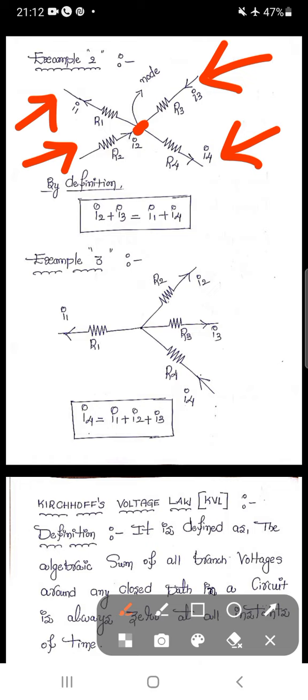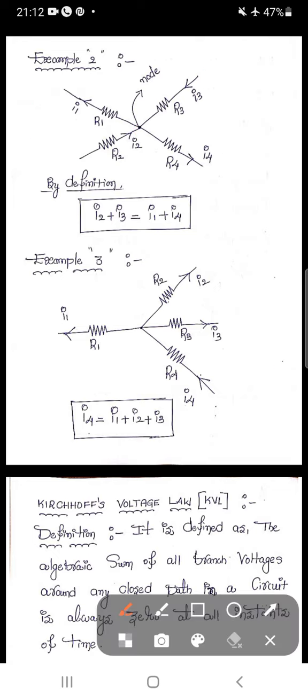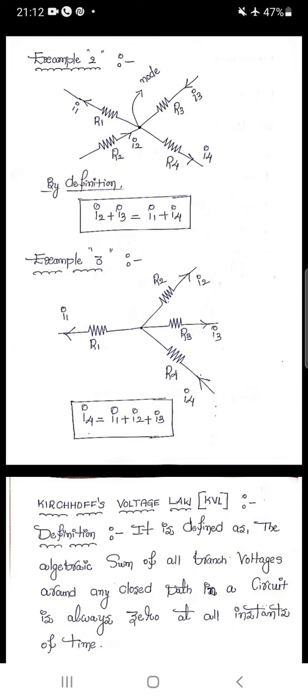Depending upon the incoming and outgoing currents, we write the expression of Kirchhoff's current law at the junction point. I2 and I3 are incoming to the junction point, so I2 plus I3 is equal to I1 plus I4, the outgoing currents. That's why we write it like this. So this is example number 2.